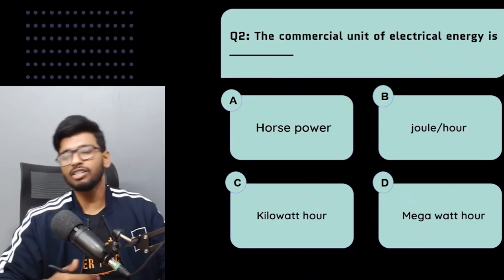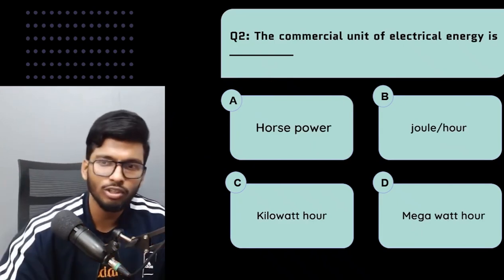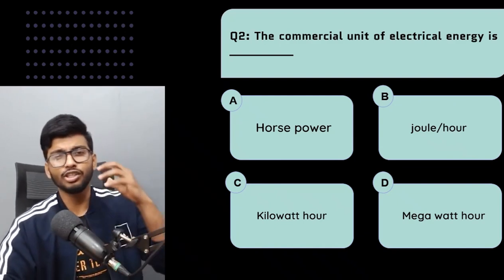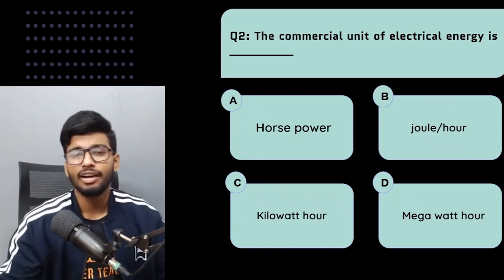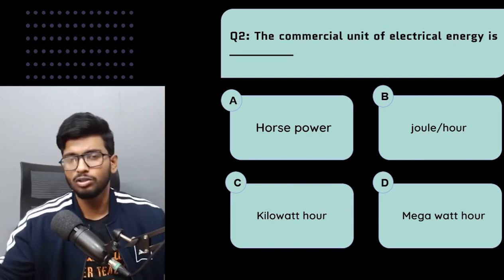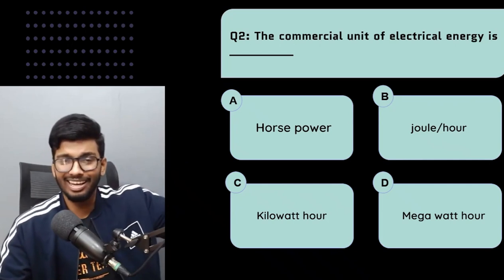Next one, the commercial unit of electrical energy is what? Horsepower, joules per hour, kilowatt hour, or megawatt hour? How do we measure electrical energy consumed by a particular household, by all those electrical devices? Very simple. We have done it in detail over here.